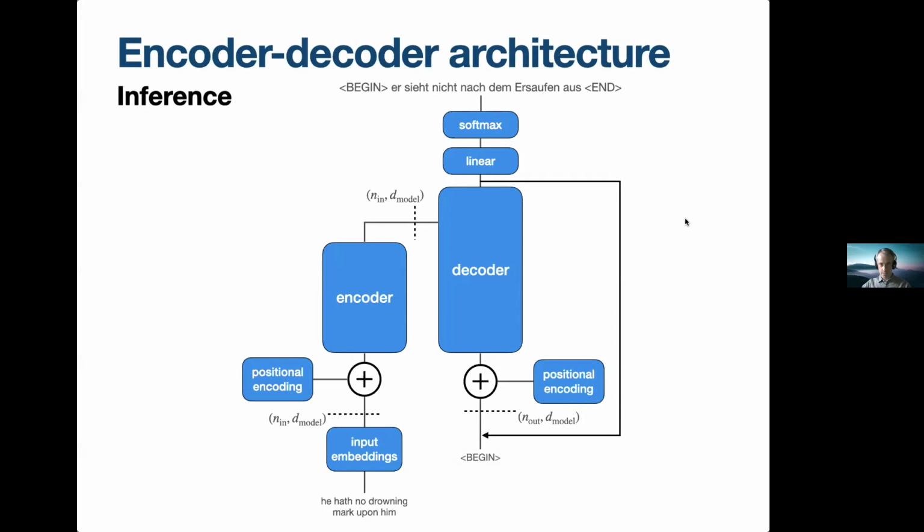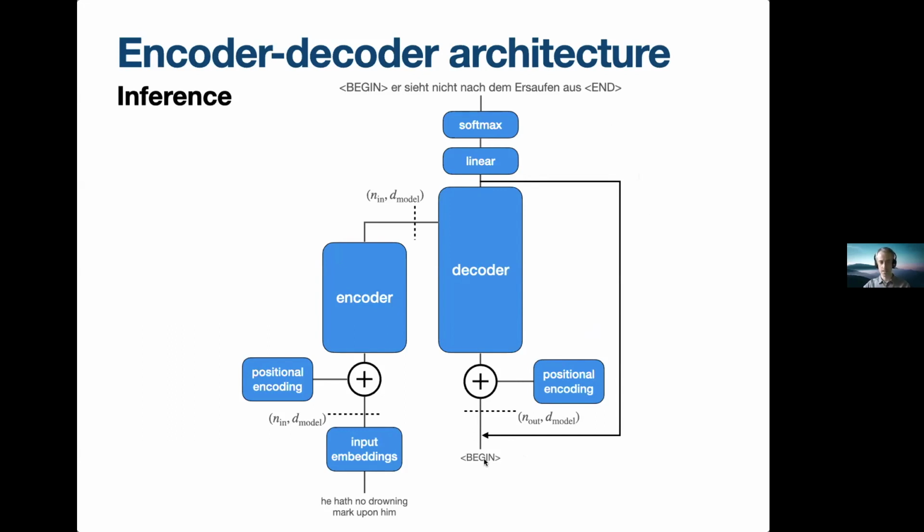When you're running inference in the encoder-decoder architecture, you have to change things a little bit because you don't have a complete input sequence to begin with. This is standard encoder-decoder architecture translation stuff, but your initial input is just going to be the token begin.